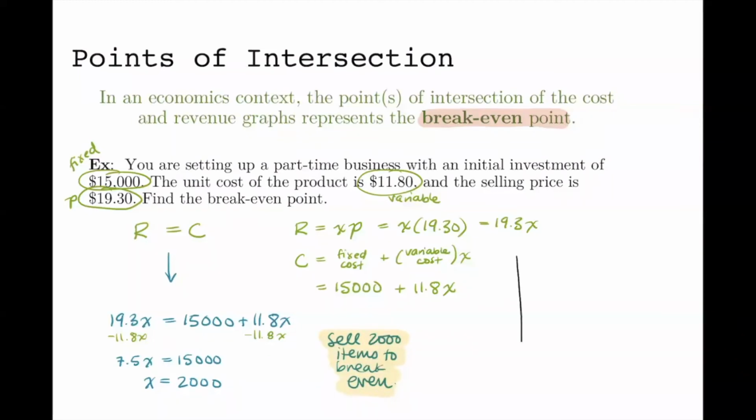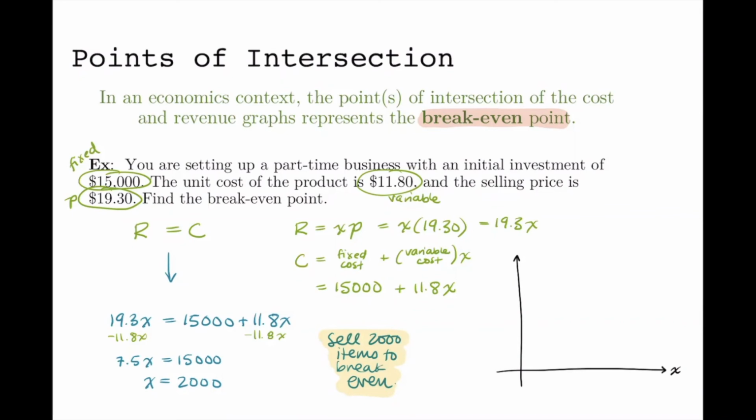So if you were to graph each of these equations, the revenue and the cost equation, we would have x on the horizontal axis. And our revenue equation is 19.3 times x. We'll review linear equations in the next section, but you should have a sense of what that looks like.